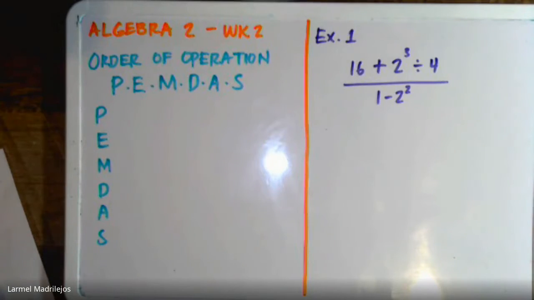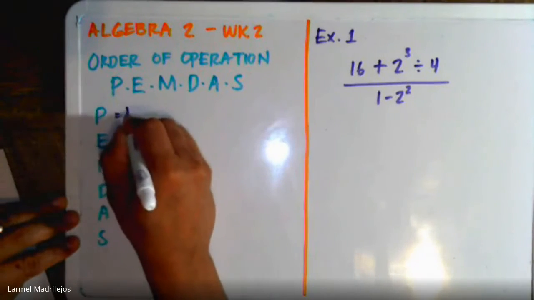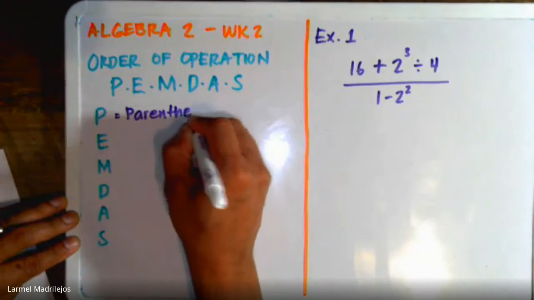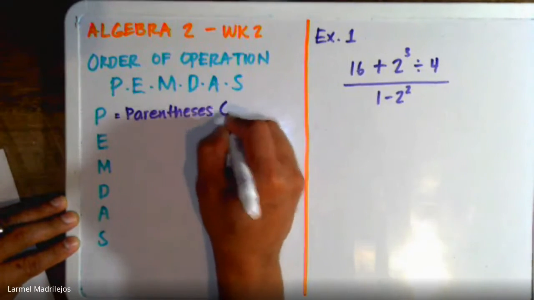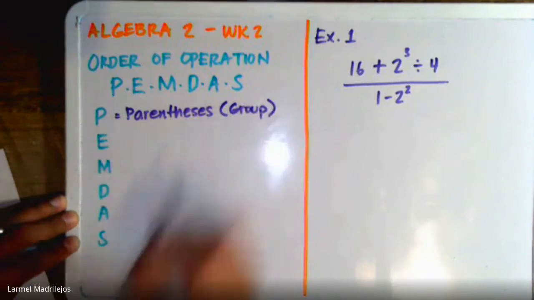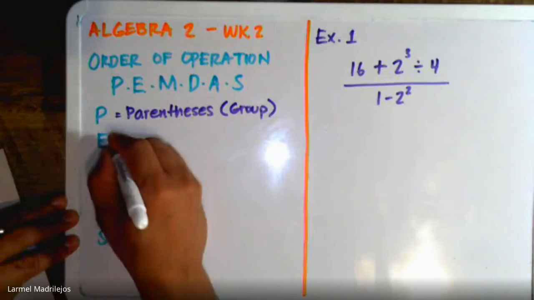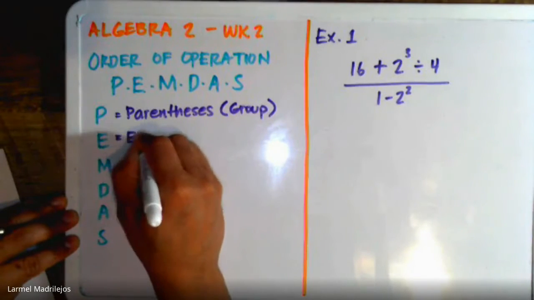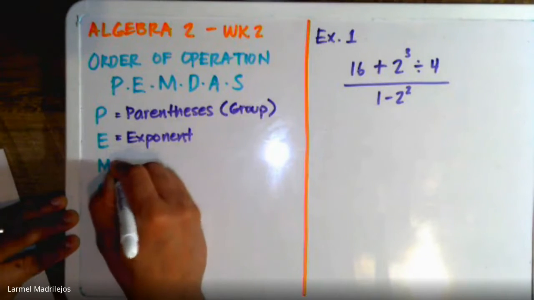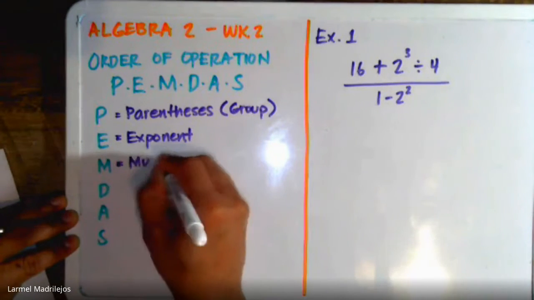We're going to use the word PEMDAS, or please excuse my dear Aunt Sally. P stands for parentheses. It means we're going to start with the parentheses, or group of numbers. E stands for exponent. M stands for multiplication.